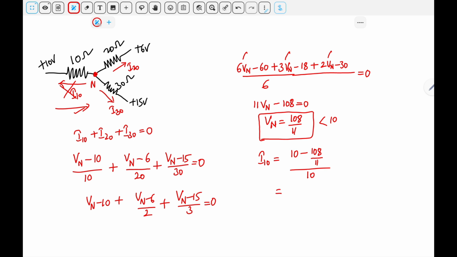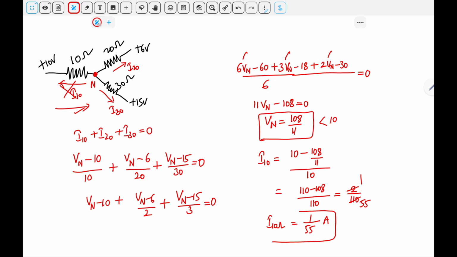Now if you take the LCM, you will get (110 minus 108) by 11 into 10, which is 110. Finally you will get this as 2 by 110. When you cancel this out, it is 2 ones and 2 55s. Therefore the current through the 10 ohm resistor we got as 1 by 55 amperes.